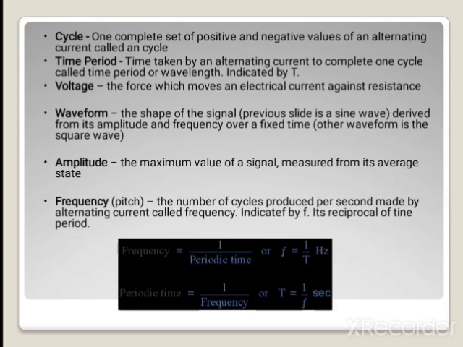Now these are some terms related to the waveform, or our sinusoidal waveform. First one is cycle. Cycle means one complete set of positive and negative values of an alternating current or alternating waveform is called a cycle.